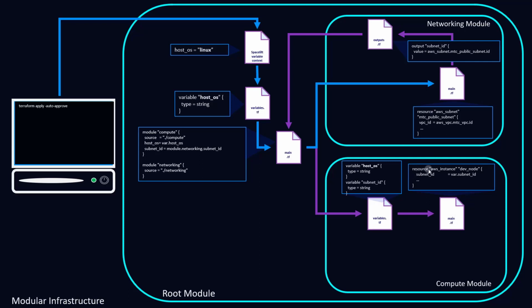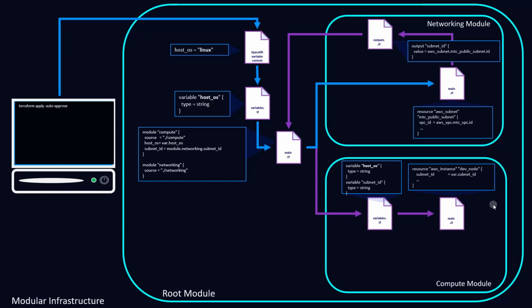So essentially, resource aws_instance dev_node subnet_id equals var.subnet_id. So it's accessing this variable here. So as you can see, this variable, which is right here, if you follow it all the way back, is actually this value, aws_subnet.mtc_public_subnet.id. So you follow it through, that's how we access that subnet.